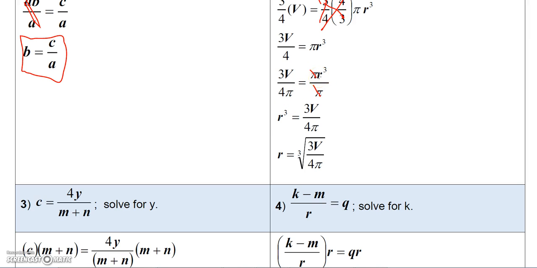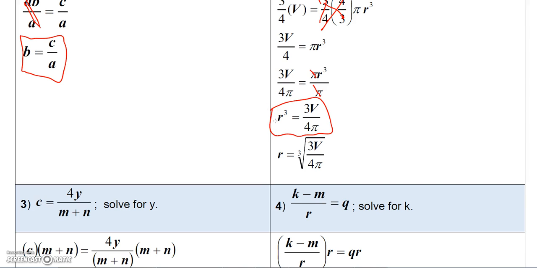Now I'm going to write the r cubed over here on the left, and then I'll write what I get here on the right. Remember, I divided this side by pi, so I also must divide this side by pi. So I take 3V over 4, divide it by pi, and I get 3V over 4 pi. Now, that doesn't give me r.